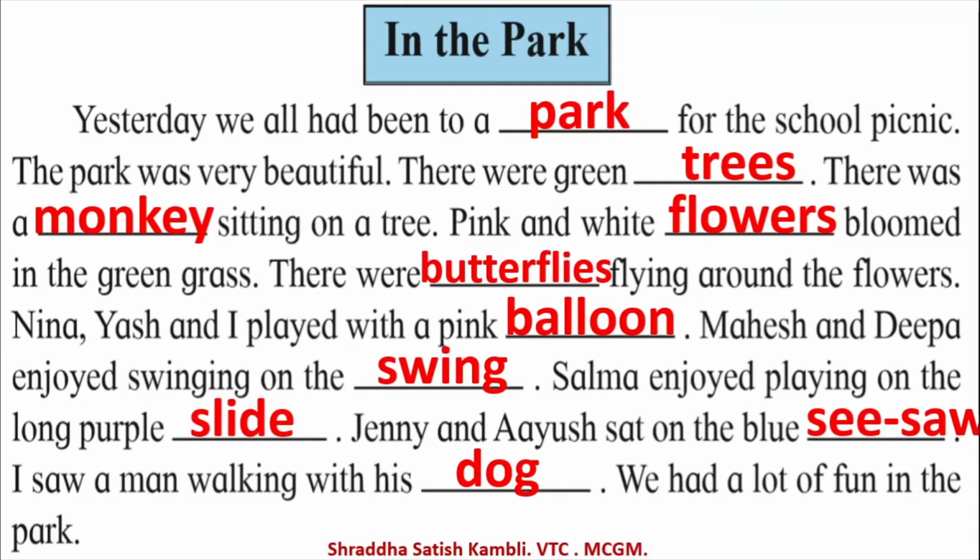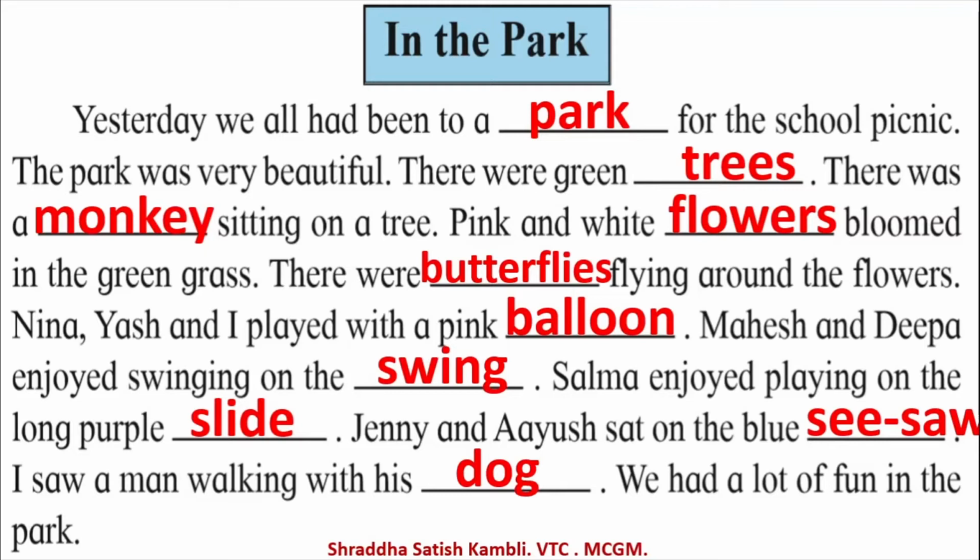Nina, Yash, and I played with a pink balloon. Mahesh and Deepa enjoyed swinging on a swing. Salma enjoyed playing on a long purple slide. Jenny and Ayush sat on the seesaw. I saw a man walking with his dog. We had a lot of fun in the park. Okay, so we have done describing or reading about the park.